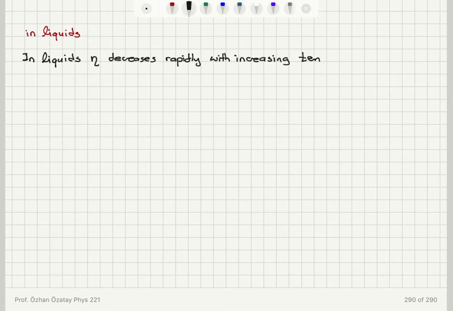And the reason behind this is basically the fact that the way these liquid molecules interact is through direct forces.